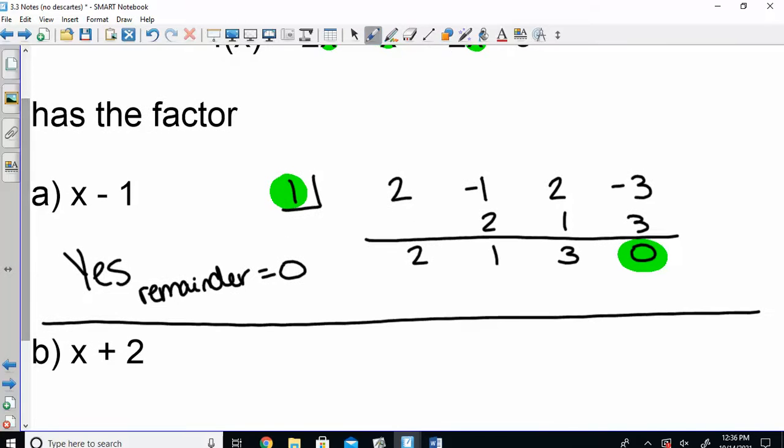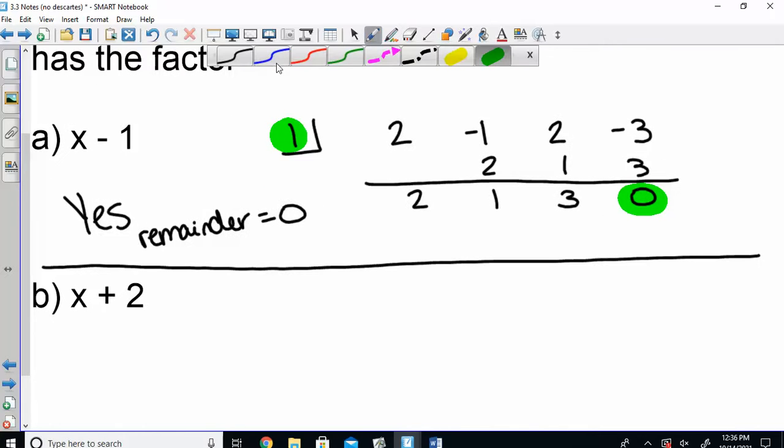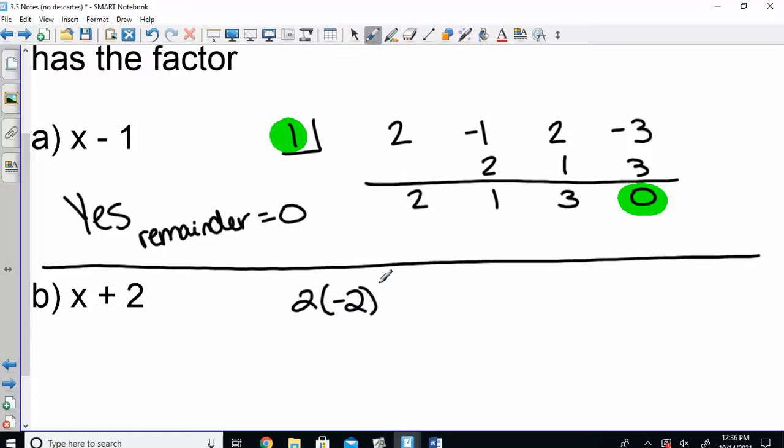So if I wanted to see if x plus 2 is a factor, what would I plug in? Negative 2. All right, let's try that. So we have 2 times negative 2 cubed, or minus.